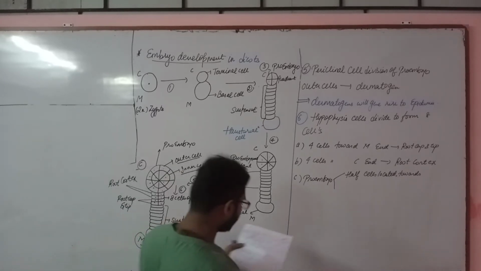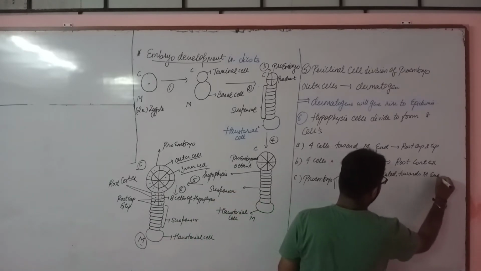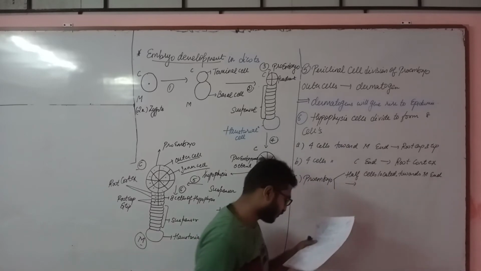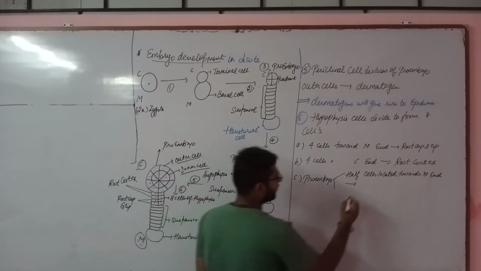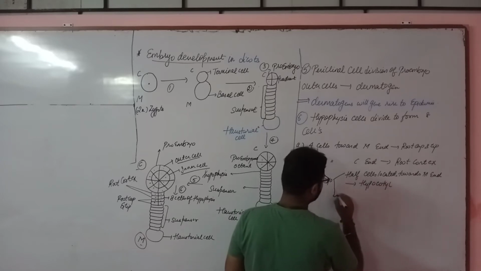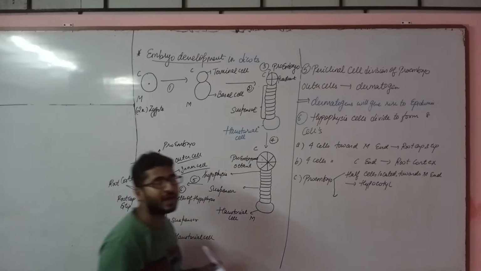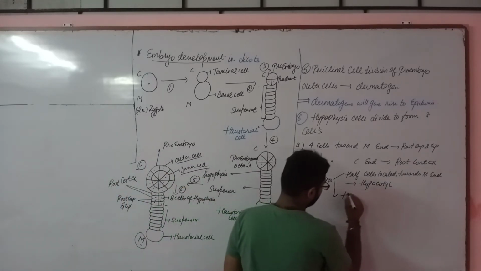Right? So half cells which are located towards the microphylla end, that is the M end, are going to form hypocotyle. So they will form hypocotyle, right? And half located towards the chalaza end will form plumule as well as cotyledon.